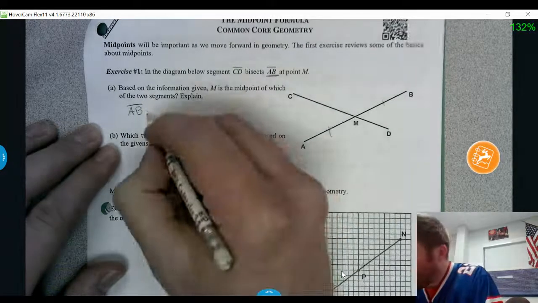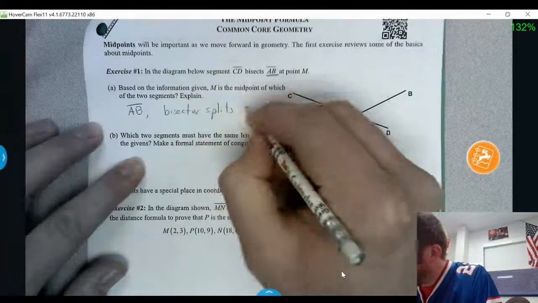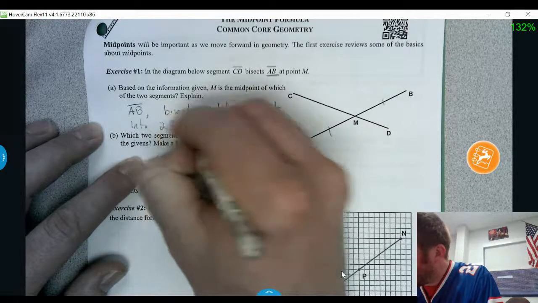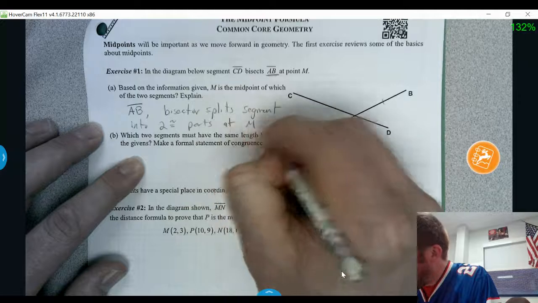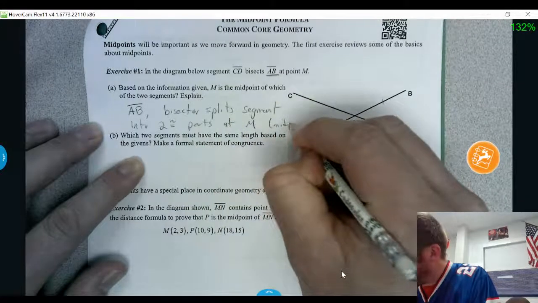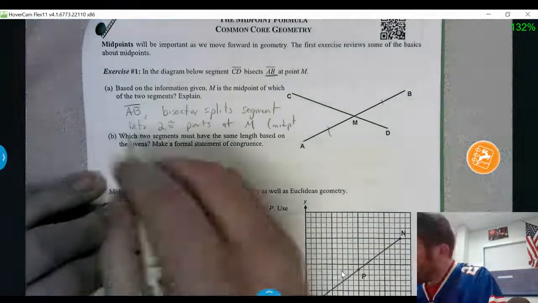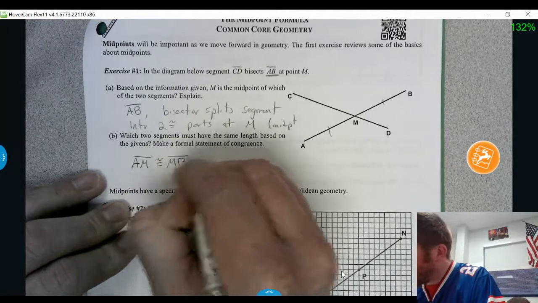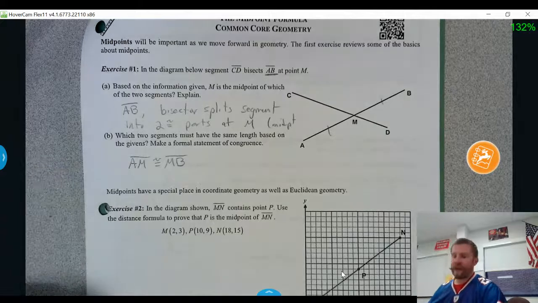We don't know anything about CD, because a bisector splits the segment into two congruent parts, and that's at M, which has to be its midpoint. So which two segments must have the same length based on this? AM must be congruent to MB. Okay, so that's just a little review.